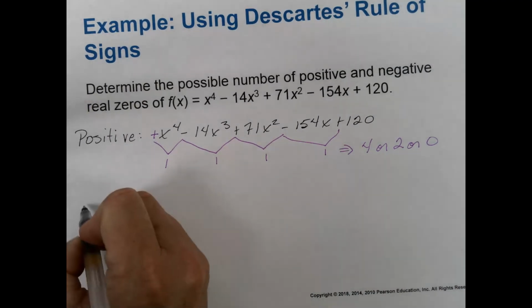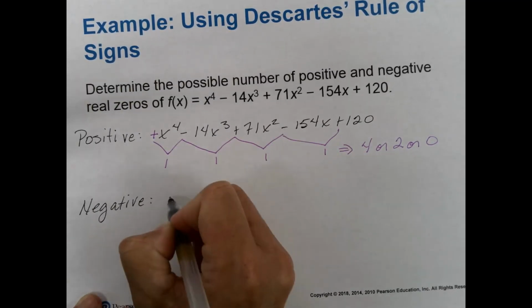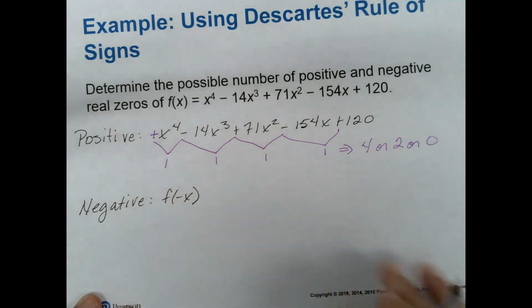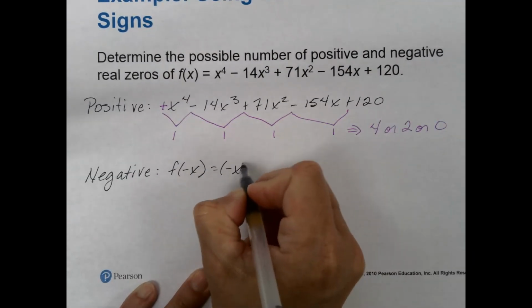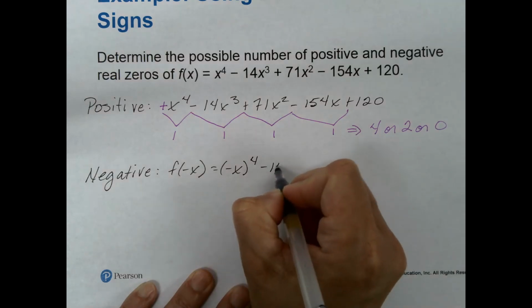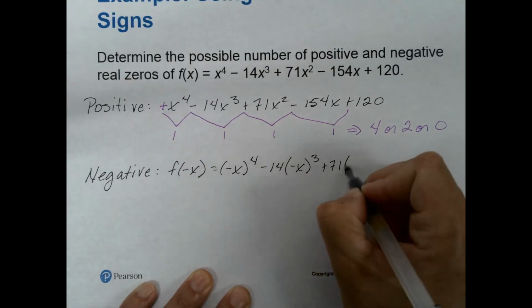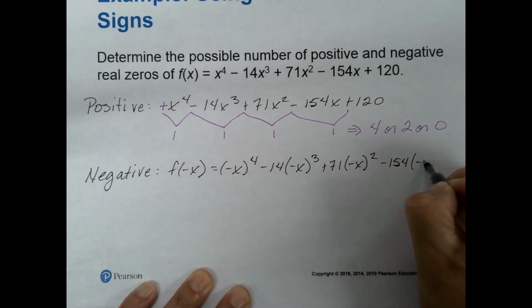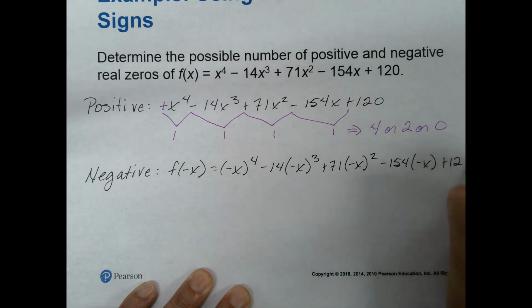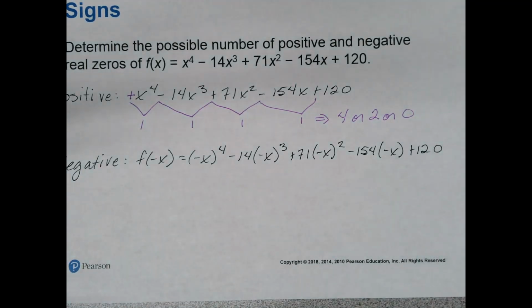Now, to get the negatives, we do the exact same thing, but with f of negative x. So that will be negative x to the 4th minus 14 times negative x cubed plus 71 times negative x squared minus 154 times negative x plus 120. So you're just plugging in negative x into your function.